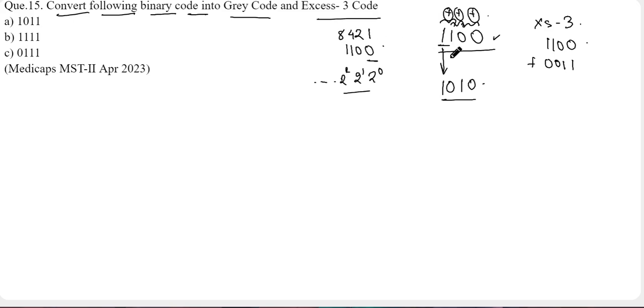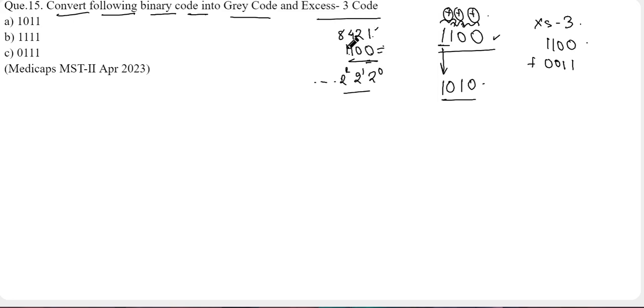We need to understand this, because if we want to determine the value of any binary number, we just multiply the bits with their positional weights and add them together. In this case, to find the value of this binary number, we multiply 1 with 0, 2 with 0, 4 with 1, and 8 with 1, and then add them together. The first two multiplications are 0, because 1 into 0 is 0 and 2 into 0 is 0.